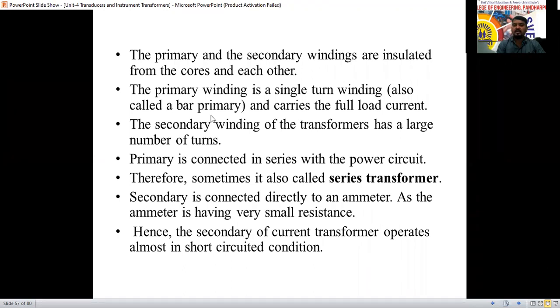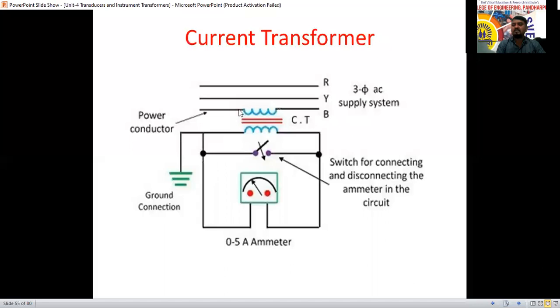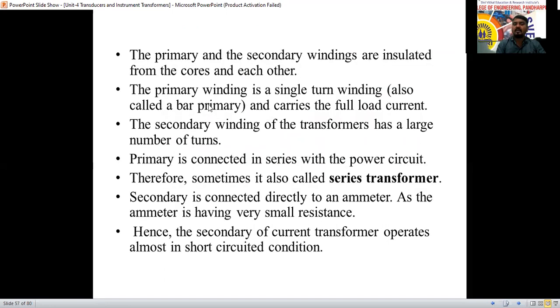Directly from the connector we can consider it as primary, and we connect the secondary near to that. It is also called a bar primary, and it carries the full load current.